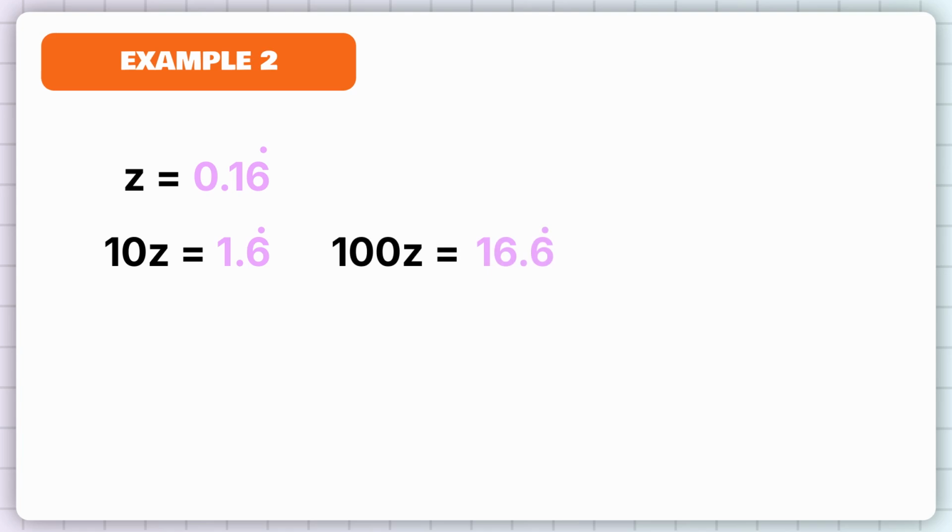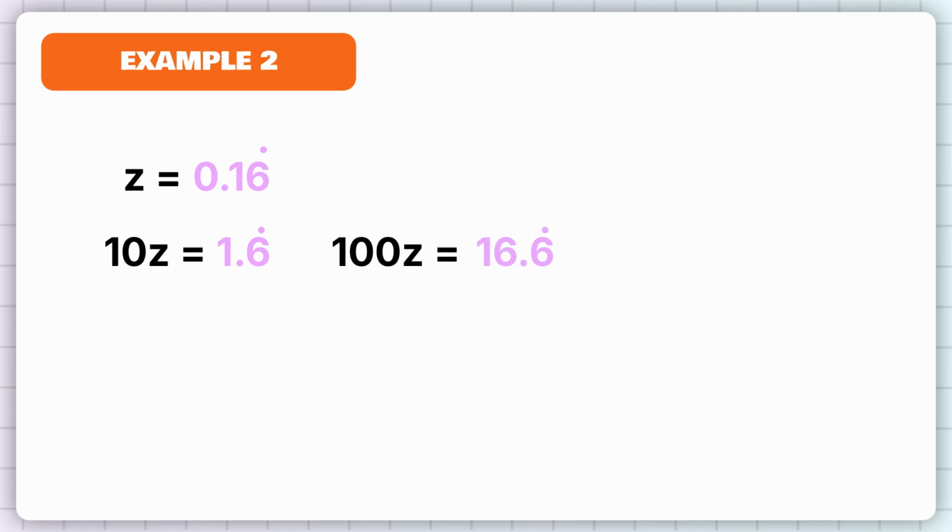Let's look at a recurring decimal with a non-repeating part. Consider 0.16 recurring. Let z equal 0.16 recurring. Multiply both sides by 10 to shift the decimal point 1 place to the right, giving us 10z equals 1.6 recurring. Multiply both sides by 10 again to shift the decimal point another place to the right, leaving us with 100z equals 16.6 recurring.